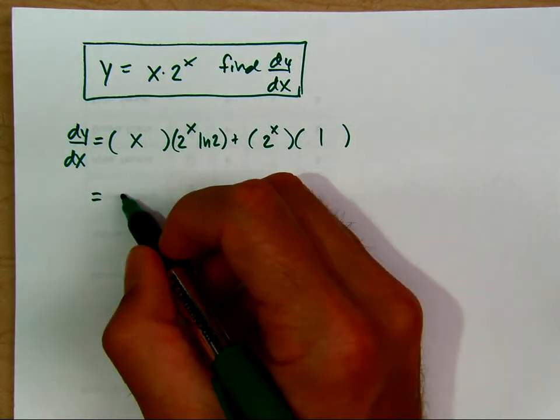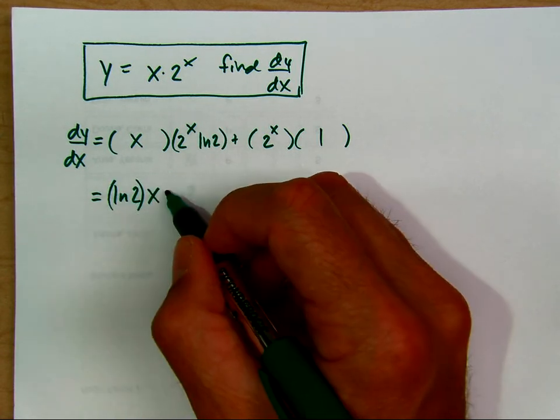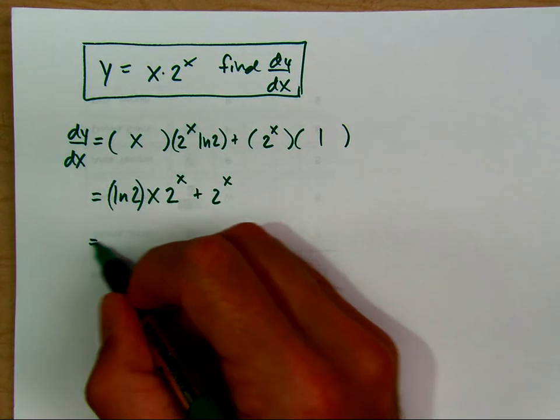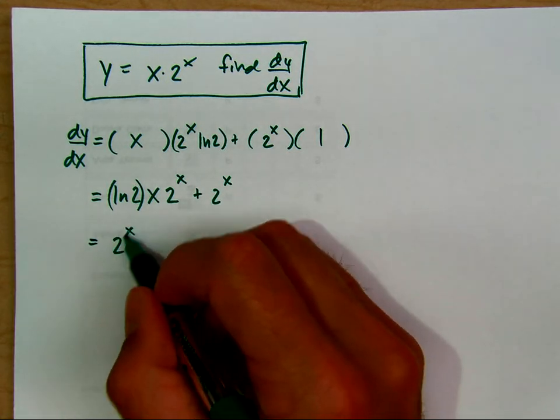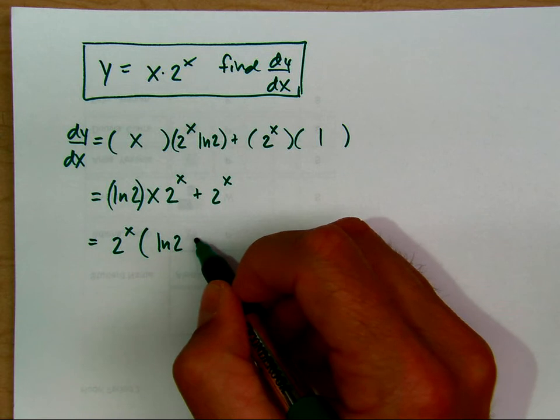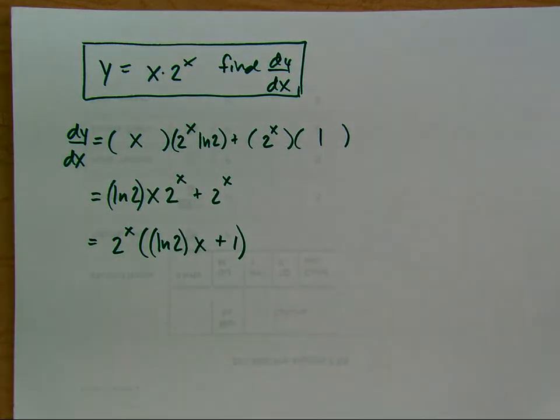We can say it's ln 2 times x times 2 to the x plus 2 to the x. They both have a 2 to the x, and we can factor.